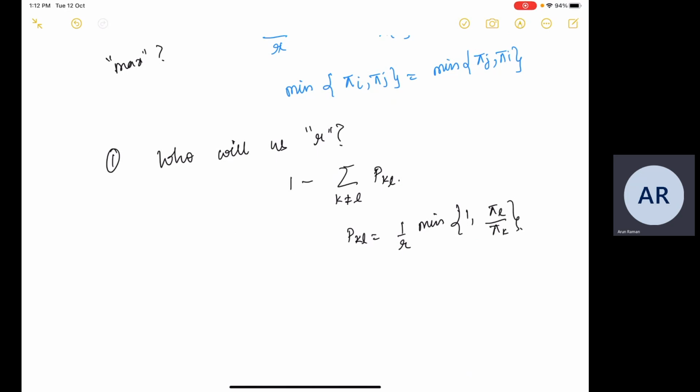So the value of R should be such that this quantity is greater than or equal to 0.